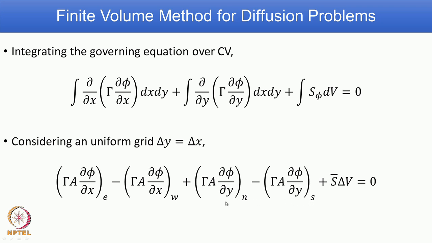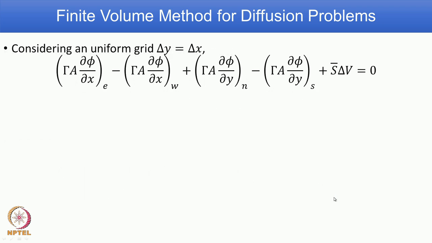Now, when you compare with what we did for the one dimensional case, we have two additional terms for the second direction, plus the source term S bar delta V equal to 0. We rewrite that equation again here.